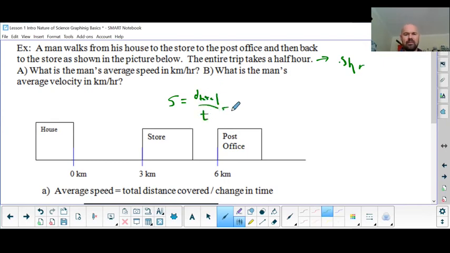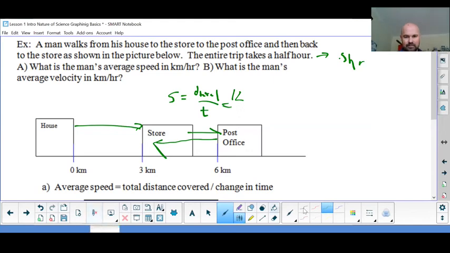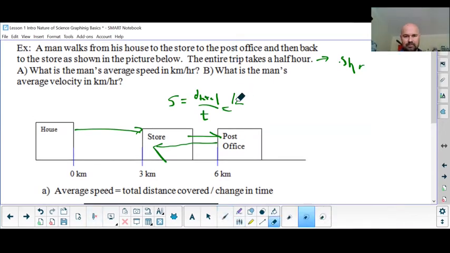So the total distance, he goes house, store, post office, so that's 6, and then back to the store. Sorry, not 12, that's 9. So 3 to 6, and then back to the store, that's only 9. I wrote the wrong number. And you can't read it well anyway, but I'll try to fix it.